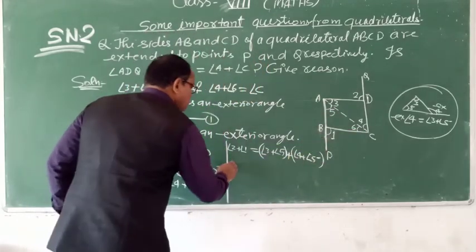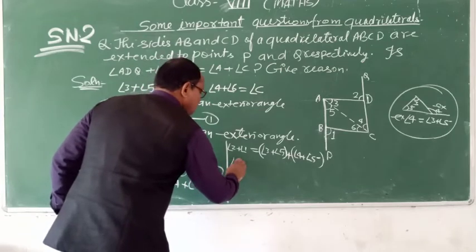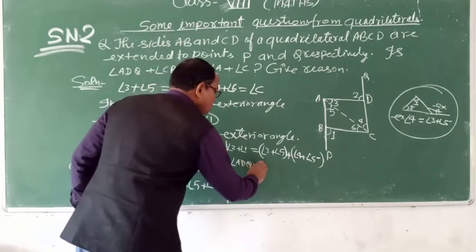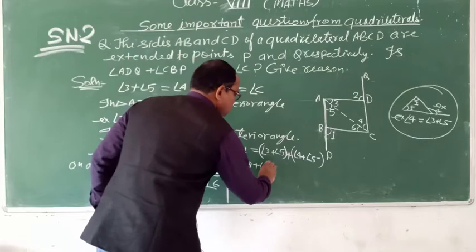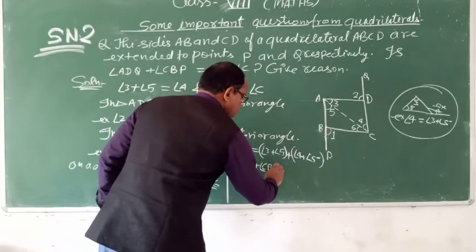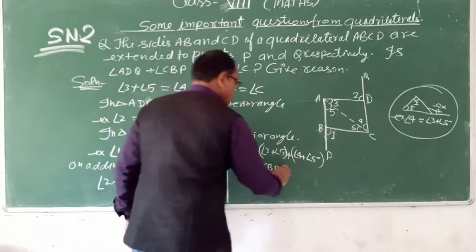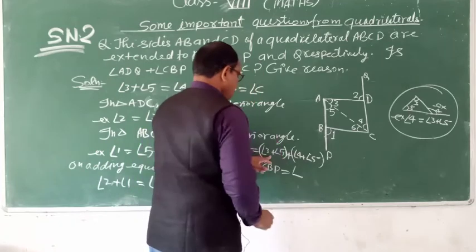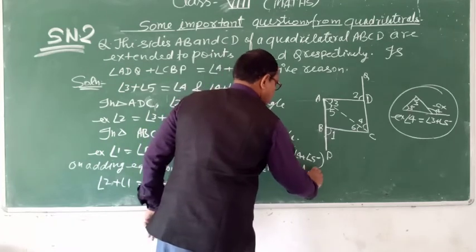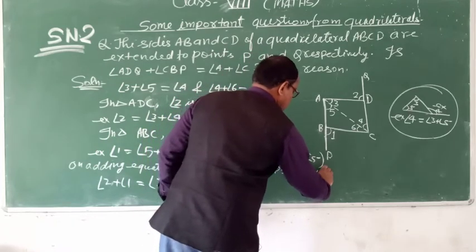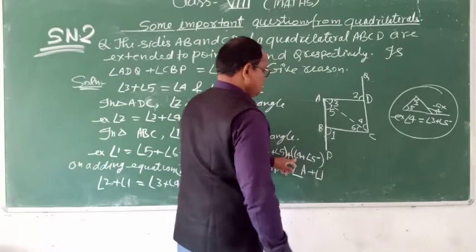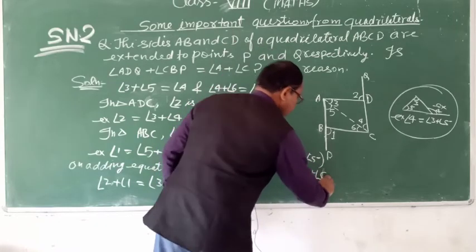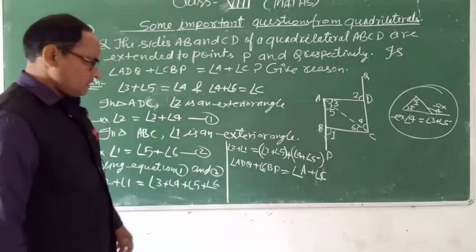Therefore, we can write angle ADQ plus angle CBP is equal to angle A plus angle C. Okay?